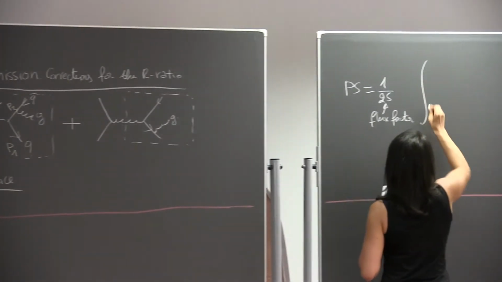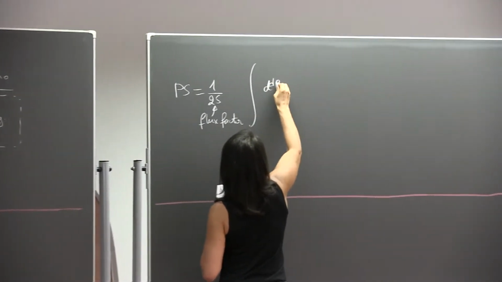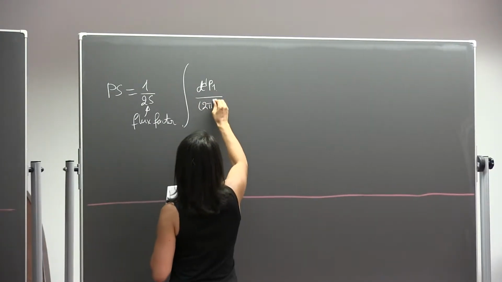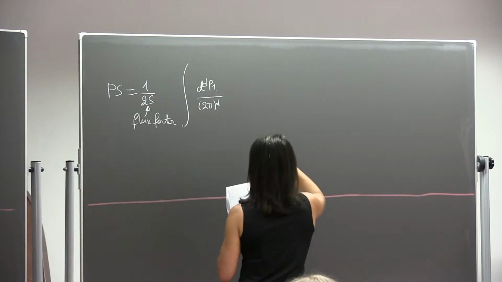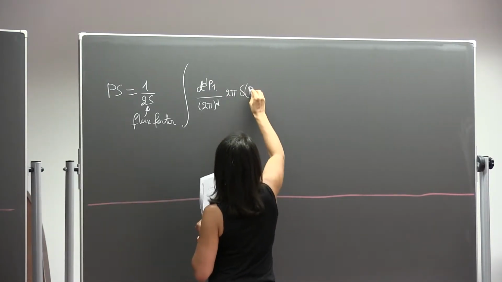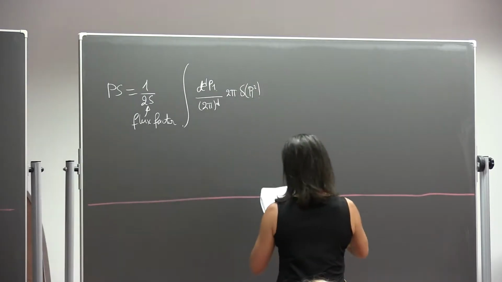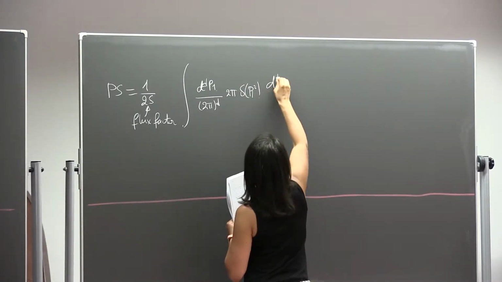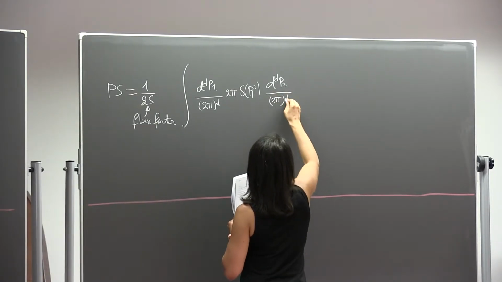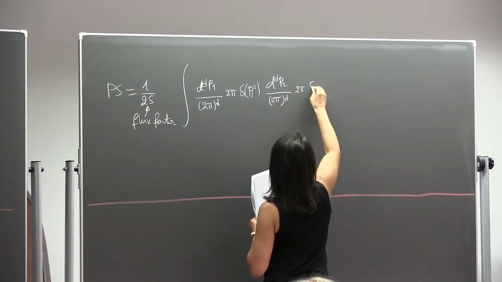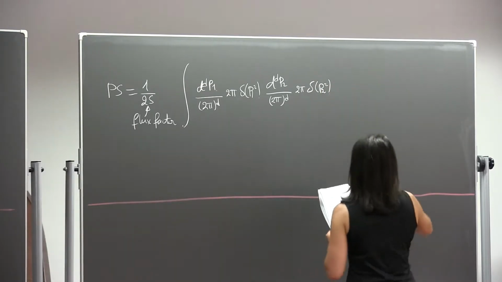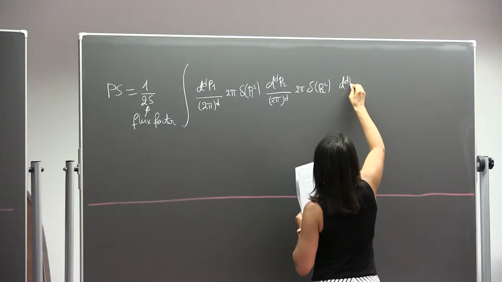And then we integrate over our final state, d^d p1 over 2 pi to the power d times the on-shell delta for each of these final states. And we do the same with the gluon.